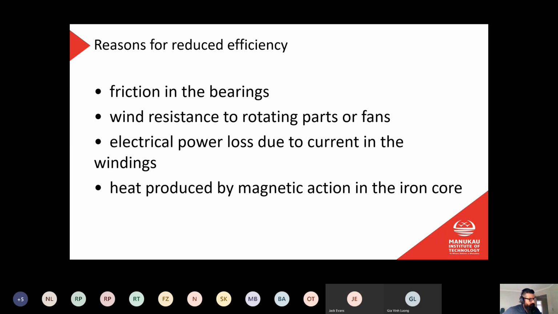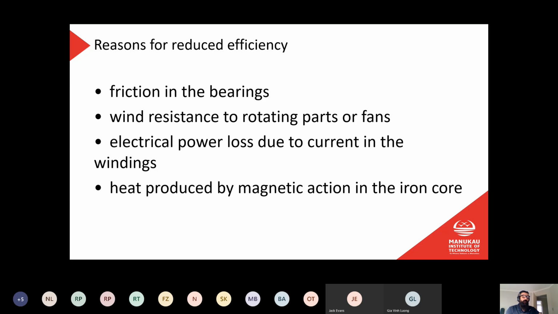The simplest way to explain this is to remember that a general principle of physics is that every time I change energy from one type to another, that process will never be 100% efficient, and I will lose some. In the case of a motor, I'm turning electrical energy into mechanical energy. But all of these things tell us that there are other types of energy being created as I do that.